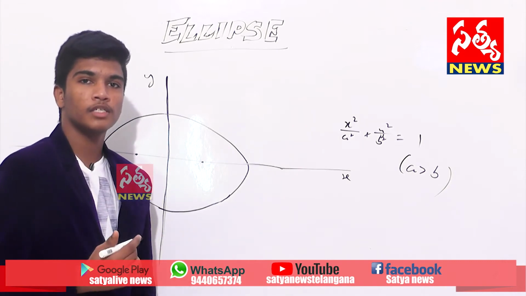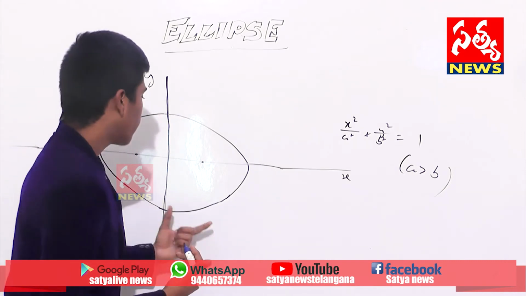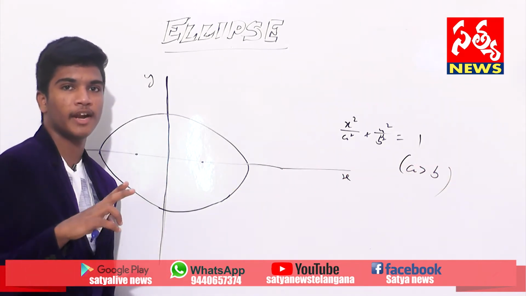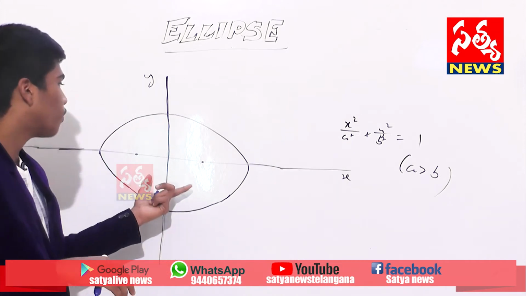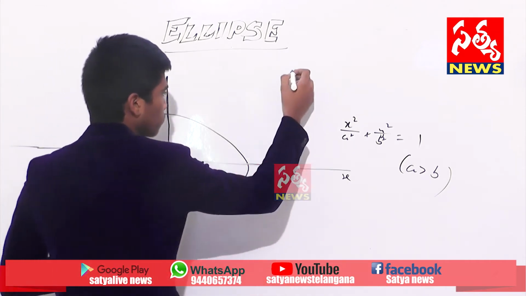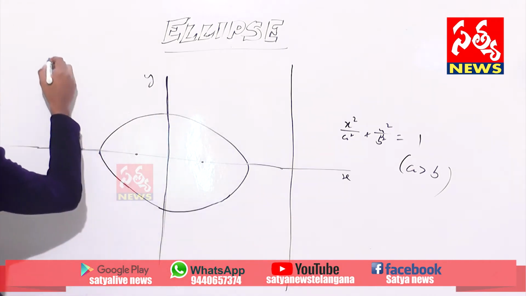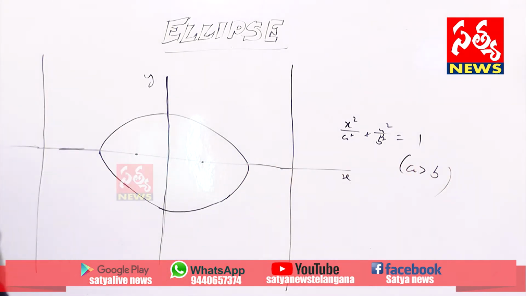Now, as a parabola consists of a directrix, here an ellipse also consists of two directrix. There is one focus and one directrix, but here there are two foci and two directrix.